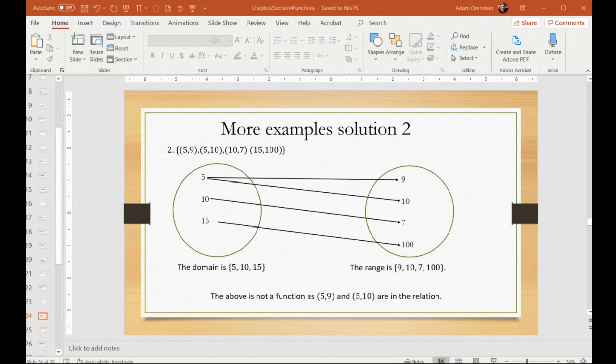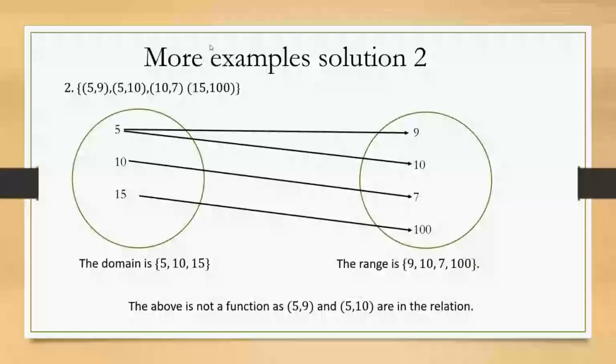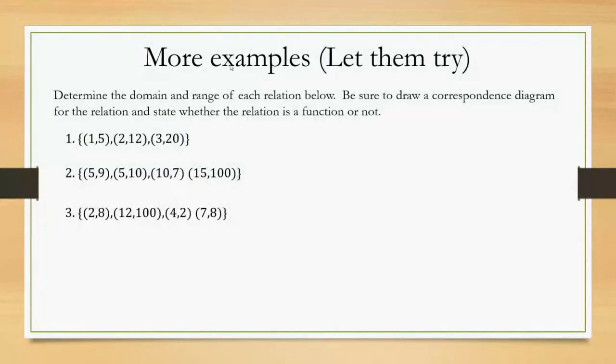For the third example, let me get the PowerPoint going again. For the third example, right? So even without the diagram, is this going to be a function? Well, you should be able to see that the answer is yes. All the ordered pairs here have different x coordinates.